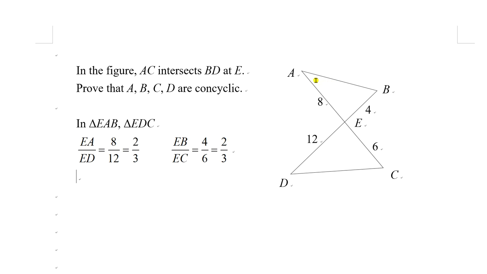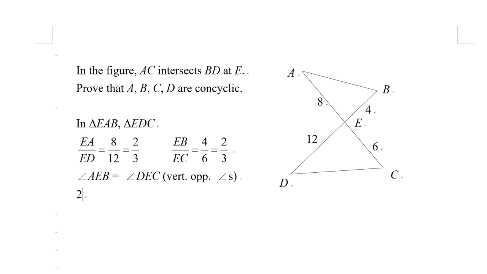That means the length ratios of the two pairs of sides are the same. Also, angle AEB equals angle DEC, quite straightforward because they are vertically opposite angles.